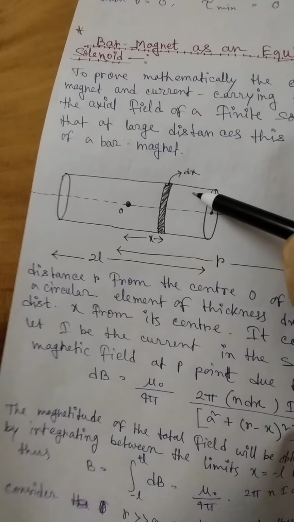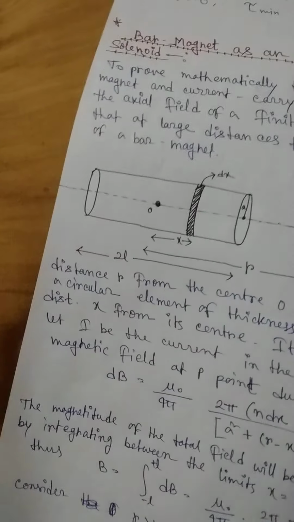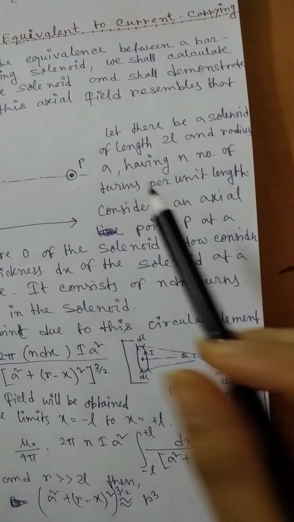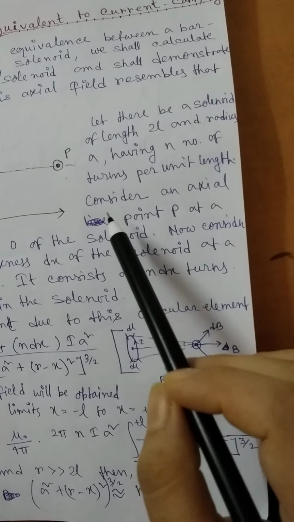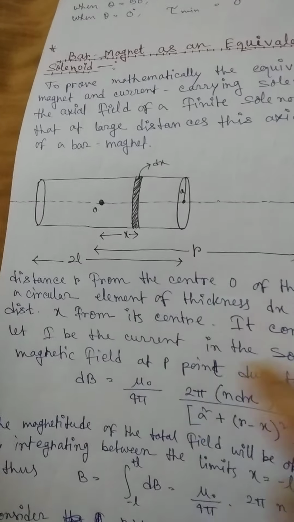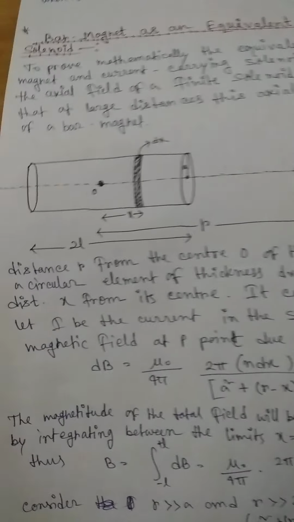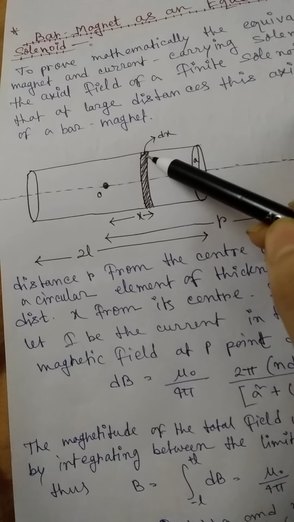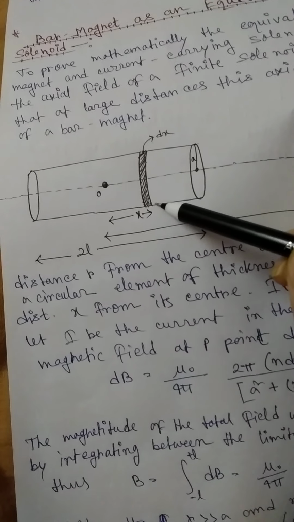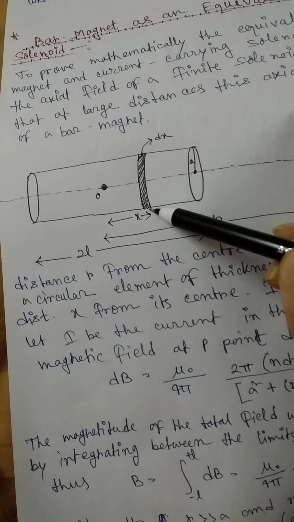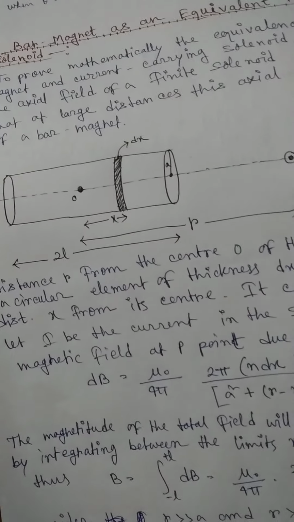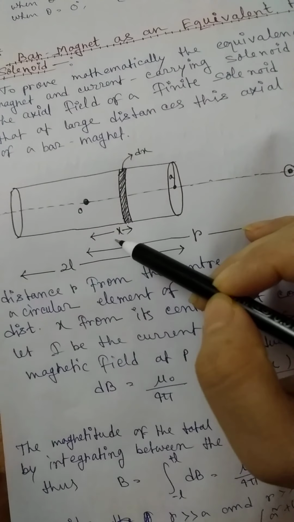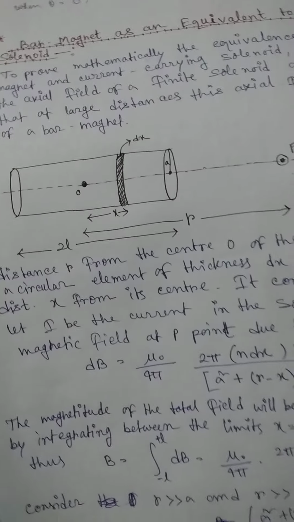Here a large number of turns are present. So I am assuming n number of turns per unit length. So this solenoid holds n turns per unit length. Here you can see I am taking a dx elementary circular loop, or we can say cross section, which is placed x distance from the center of this solenoid.